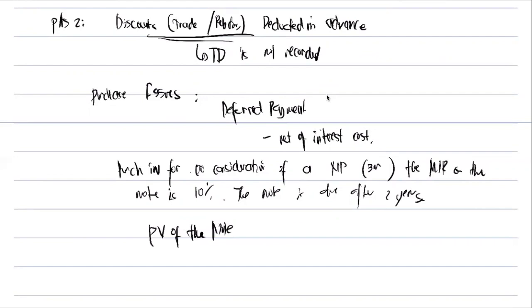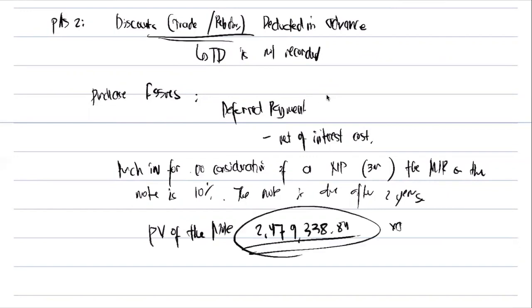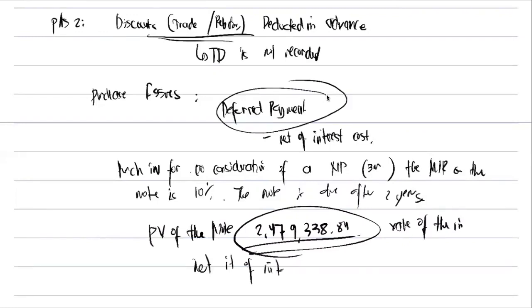So 1.1 to the power of 2 periods, and we divide 3 million by it. Then we have 2,479,338.84. So this is the value of the inventory. So we already net it of interest cost.